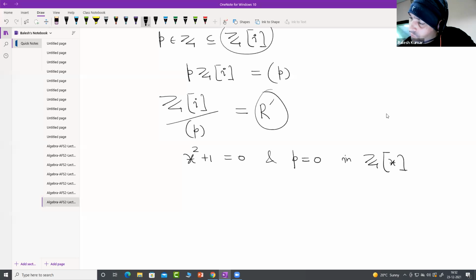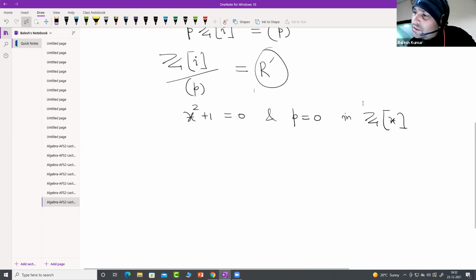I think the third isomorphism theorem you have also studied. One can prove that it actually doesn't matter which of the relations you use first.